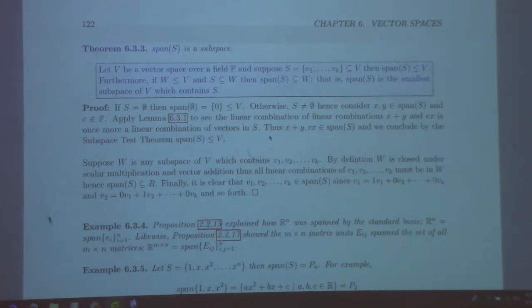We got two ways, right? I guess there's three. The first and least attractive way is just to check all the axioms directly from the definition. None of us want to do that. Option two is the subspace test theorem, which means you got to check x plus y and c times x are in the subspace for all x and y in the subspace, and for all scalars c.